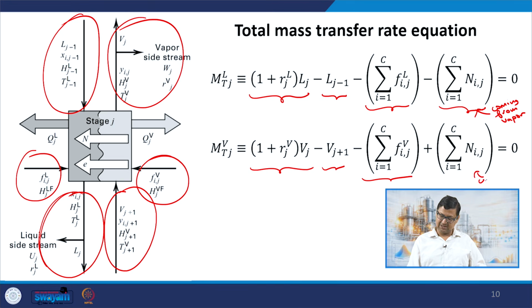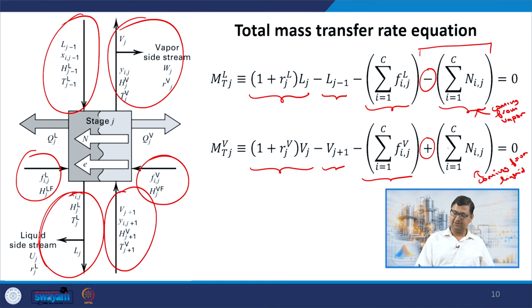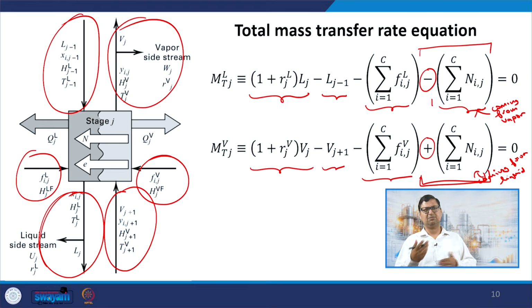So, this is coming from liquid, and now you see I have put a minus here and a plus there, because if there is a net flow from vapor to liquid, then we are going to get a negative term here and a positive term there. On the other hand, if there is a net flow from the liquid to the vapor, then we are going to get a negative term in the lower equation and a positive term in the above equation. But they have to be opposite, because the mass transfer is happening between the vapor and liquid phase.